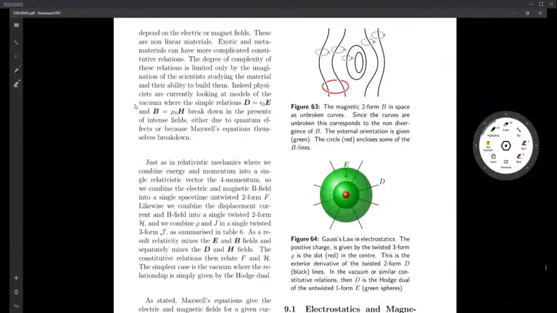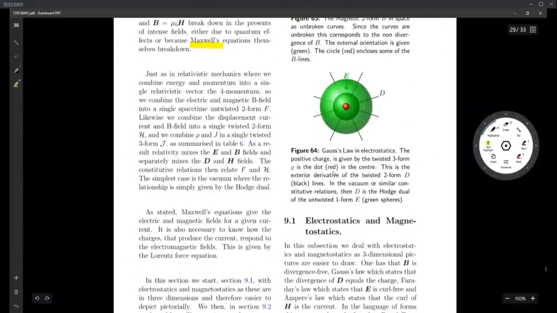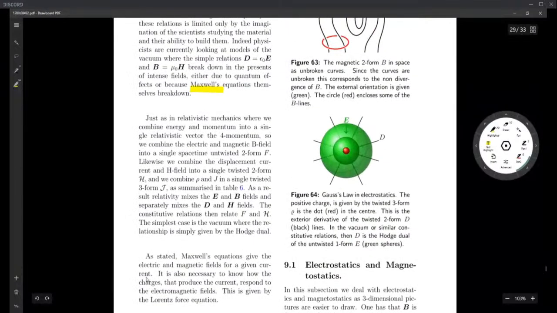Sometimes electromagnetic phenomena can be, quote unquote, nonlinear, or they can break down or behave differently at Planck length. So you can take Maxwell's equations to be an effective field theory of electromagnetic phenomena, right? And again, you've got a few more things in Maxwell's equations.